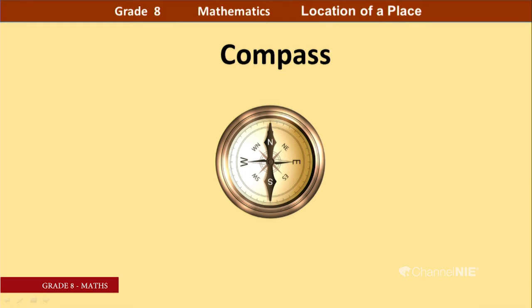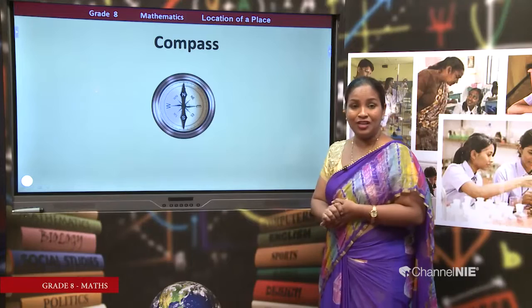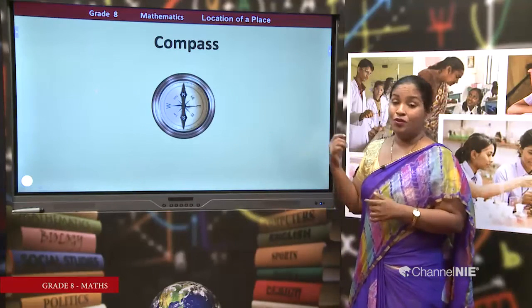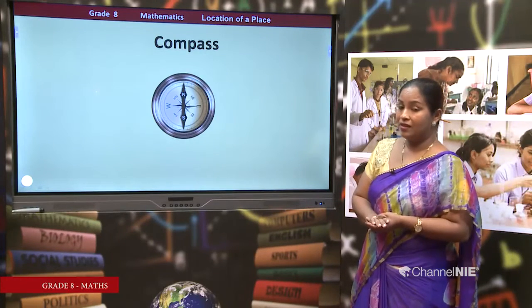That's the compass. I know many of you are Girl Guides and Scouts. You use this instrument frequently. Actually, it's an essential instrument. So, this pointer indicates the north direction. If you know the north direction, you can find the rest of the directions easily.